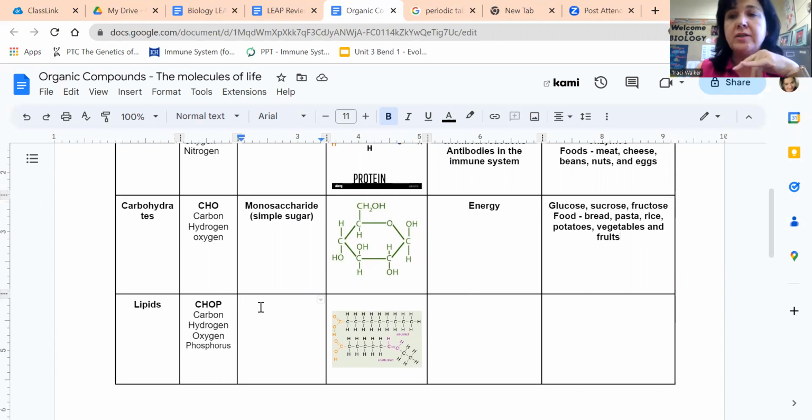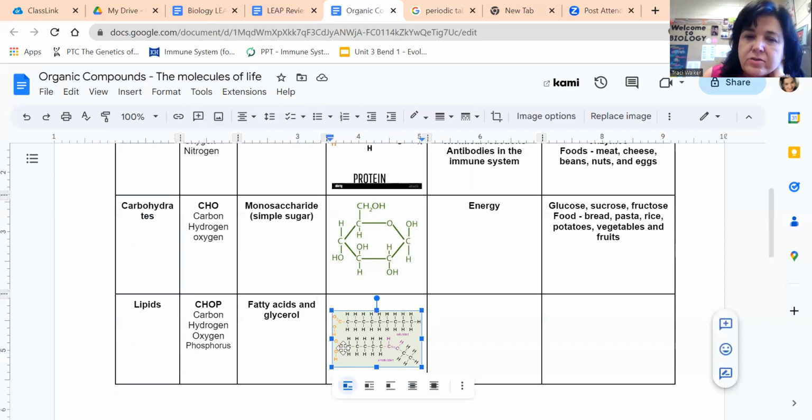Now, the smallest unit of a lipid is a fatty acid. Fatty acids and glycerol. Okay, so when you look at a lipid, lipids come in these long chains of carbon and hydrogen, and then you've got the oxygen down here on the end.